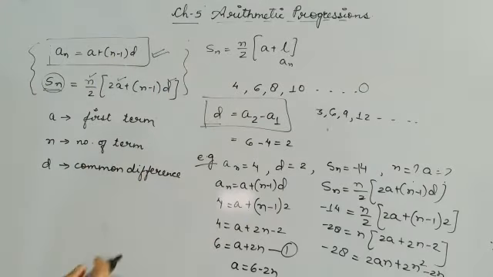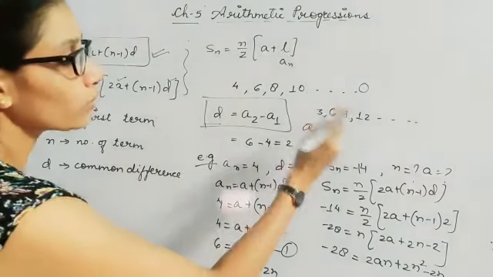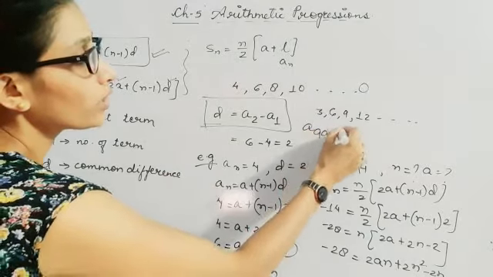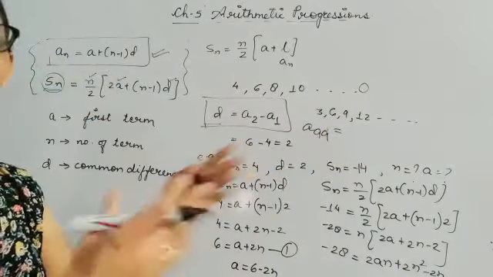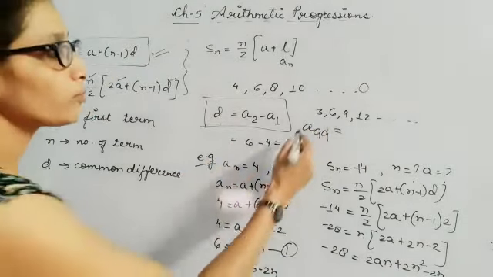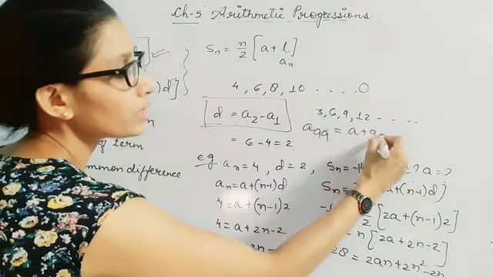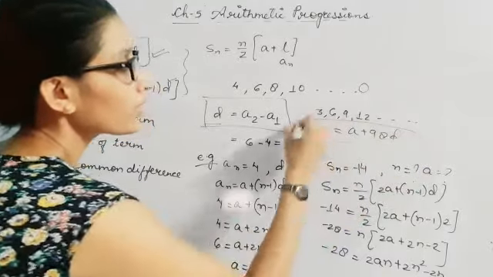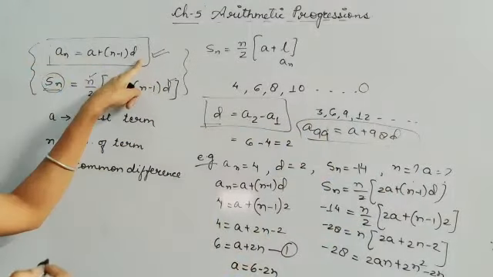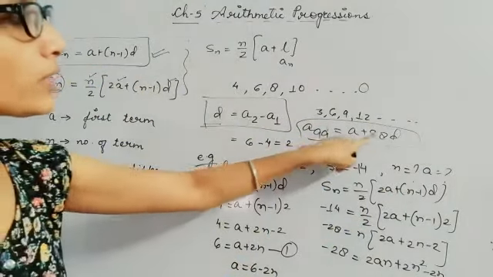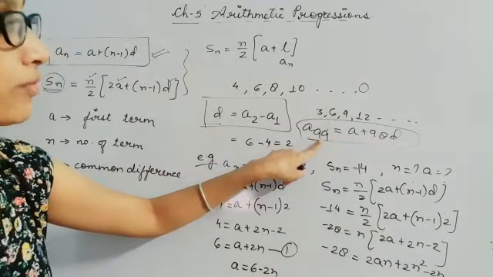One more thing, children, whenever you want to write a99 or any term in expanded form, remember that you can expand it like a plus 98d, and this comes just because of this formula. What I have written, a plus 98d, where 98 is n minus 1 for n equal to 99.